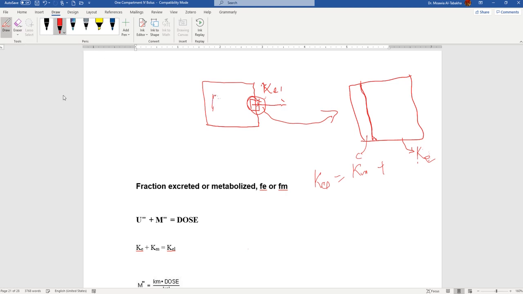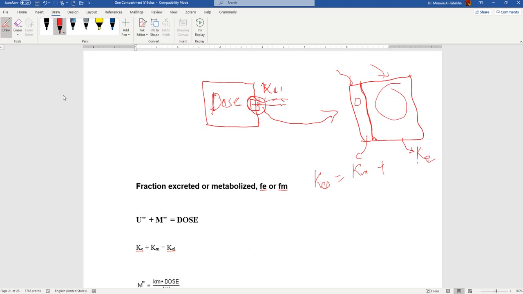Dose. Okay, I injected the dose. It will go, of course, eventually it will go through this window. But how much will go here and how much will go here? It depends on the size.